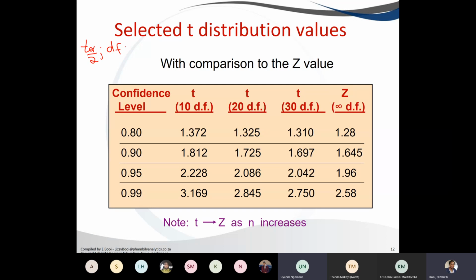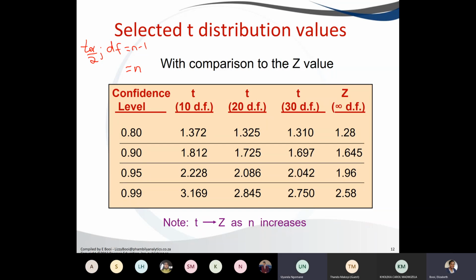And we have degrees of freedom, which is n minus 1. Since on the T table, they would have given us the sample standard deviation, we know that we're going to use the T table and we have the n. Let's say, for example, on this one, n is 5.